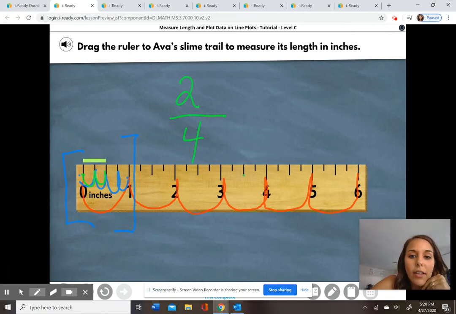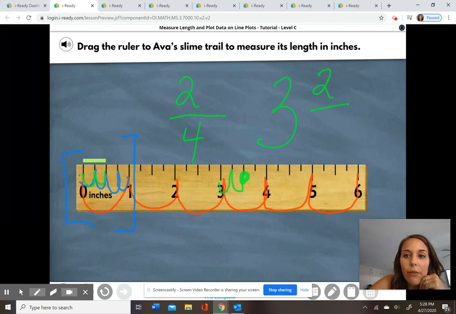If I had a dot that was here, for example, between the 3 and the 4, I would need to know that it would be 3 and 2 out of 4. 3 wholes and 2 out of 4. So it's kind of similar to what we did, except in this lesson, we're doing mixed numbers, which means you have a whole here, like my 3 is, and you have a little baby fraction.